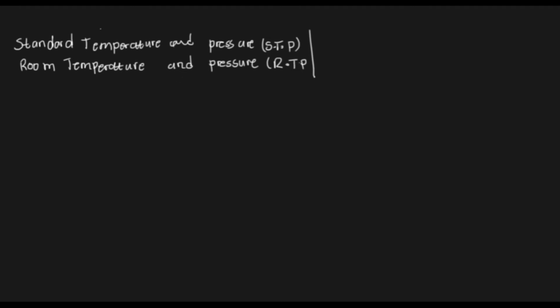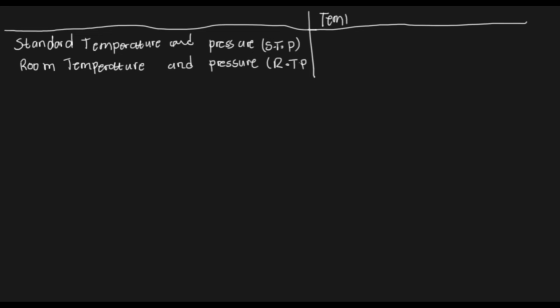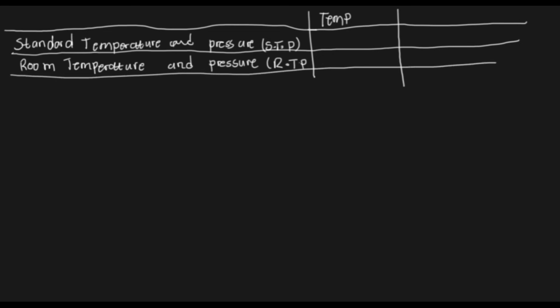Then let's say there are some figures that we need to have in mind whenever we are dealing with the molar volume. So first let's look at what it means by the temperature when the temperature is standard and when the temperature is room temperature and pressure. So from there we'll begin with the temperature.